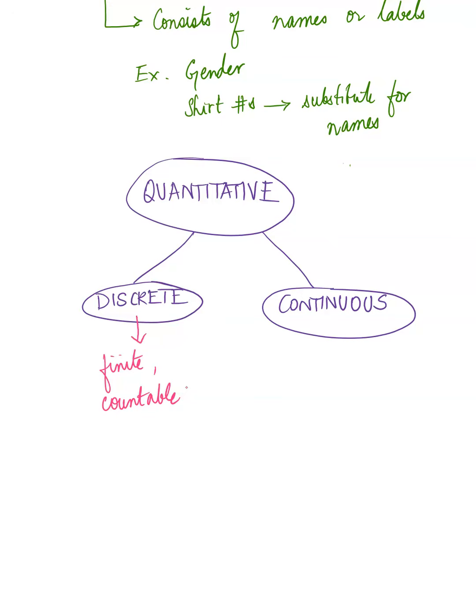As in, you can jump from one number to the next, so 1, 2, 3, 4, by looking only at the whole numbers. Okay? So it's like tossing a coin, the number of times you toss a coin, right? It cannot be a fractional number of times. It can only be a whole number of times. So whole numbers.